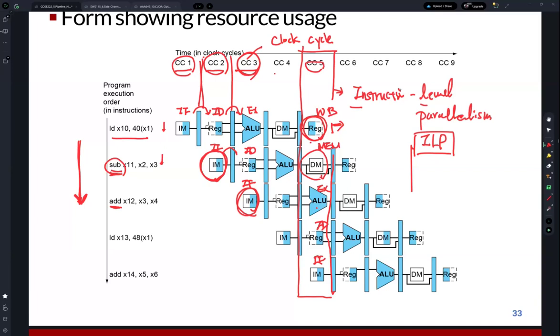So the pipeline architecture exploits the instruction level parallelism to increase the performance of the CPU. And it is because at the same time, we can observe multiple instructions in the different pipeline stages.